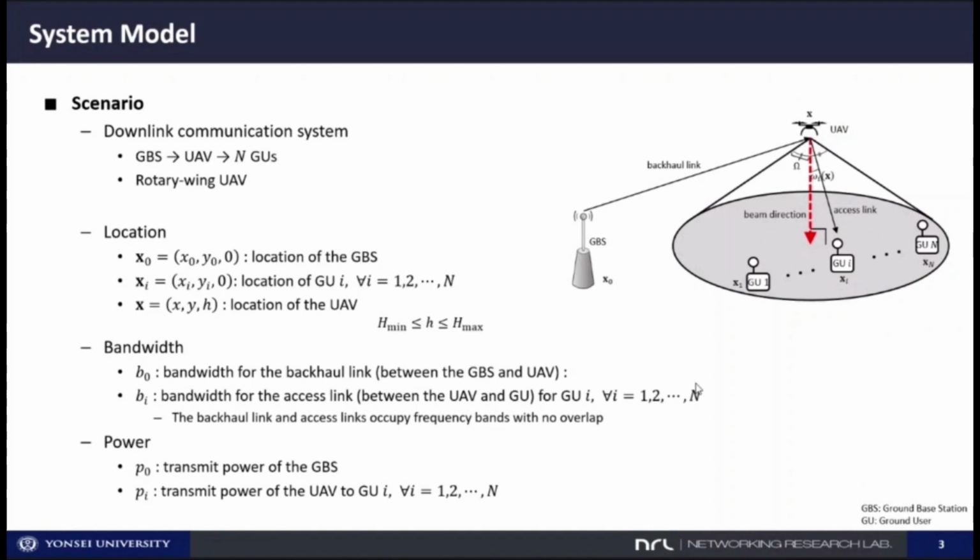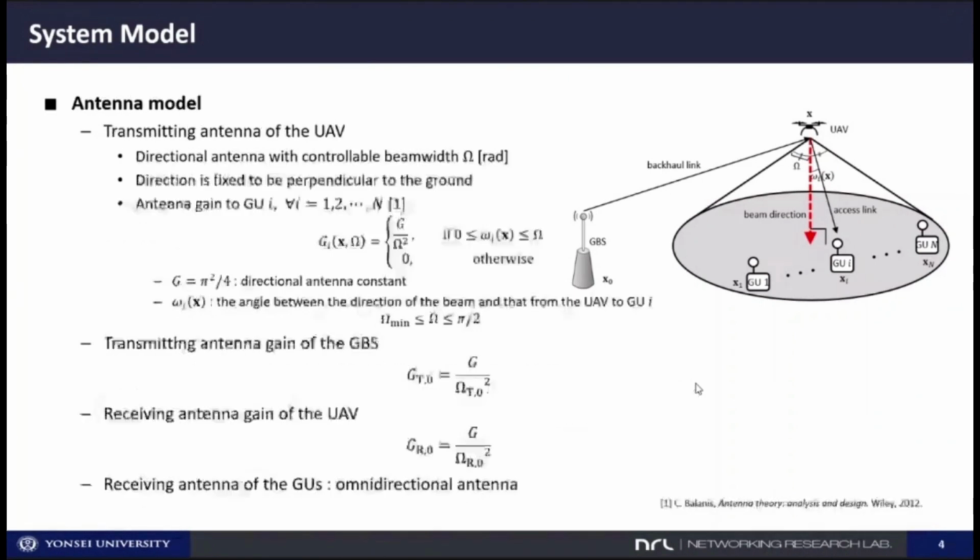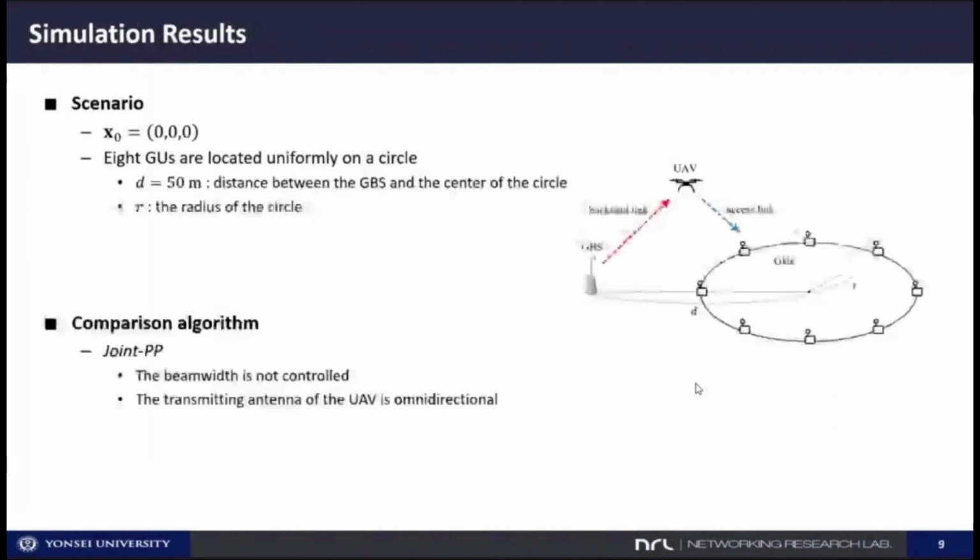In your scenario, you employ the users in a circle. Is there any reason? In the simulation scenario, you employ the users in the circle. This is just to easily show the effect of when the users are dense and when the users are sparse.